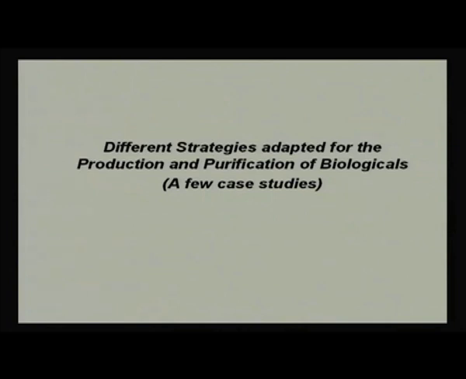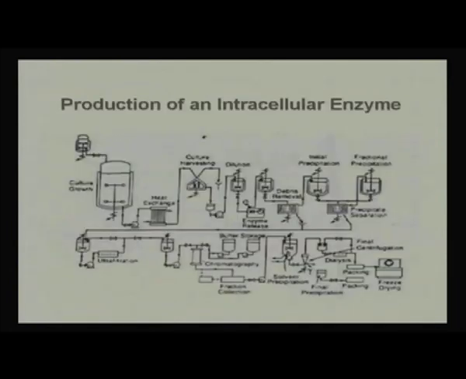Now, if we come to some examples of protein separation, as I discussed in my earlier class, there is upstream processing and downstream processing. Upstream processing means the culture is growing and fermentation is going on.